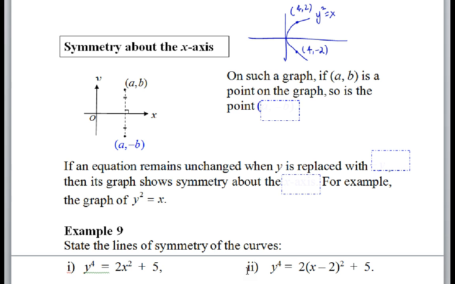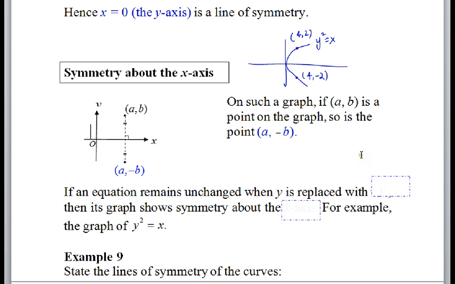Okay, look. That means for the same x coordinate, you have b and you have negative b. For different y coordinates, y is b, y is negative b, you will share the same x coordinate. You look here, you will know what I mean. X equals 4, you get y equals 2 and minus 2.